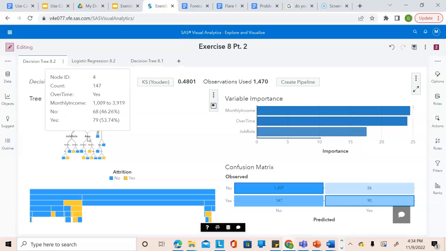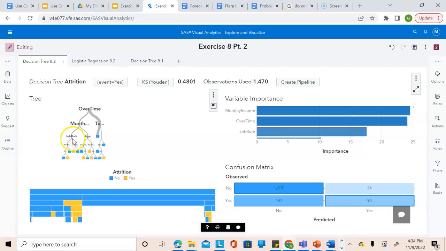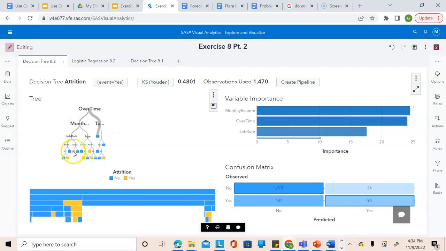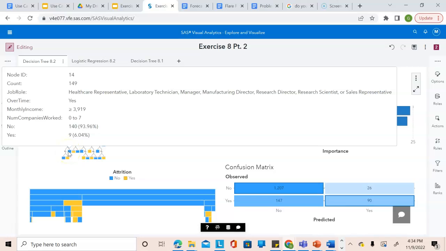The answer yes was 53.74% and no was 46.26%, which is a pretty even split. Then we see if job role has an impact, and we see that people answered no at 82.16% and yes for 17.84%. And you can just hover over these to get a better idea of the impacts of these predictors on attrition.